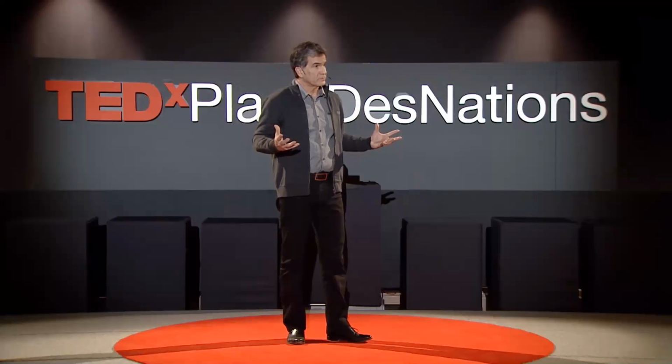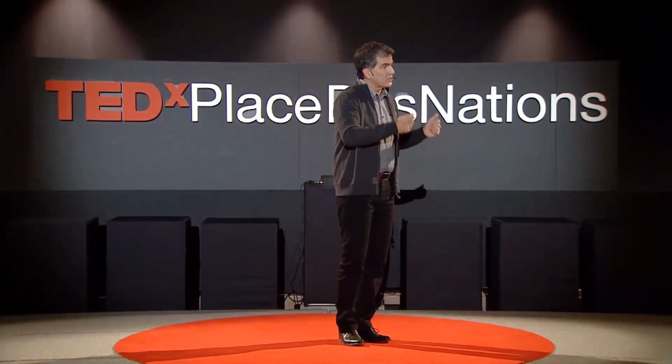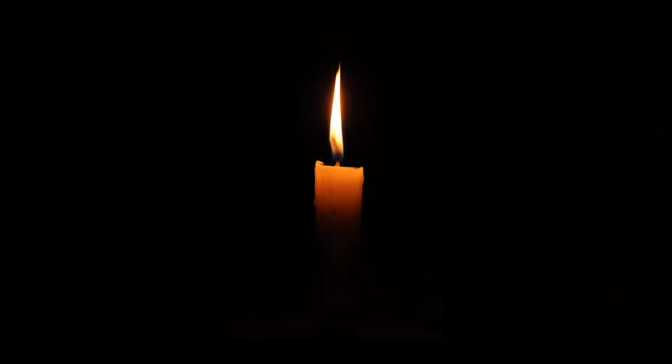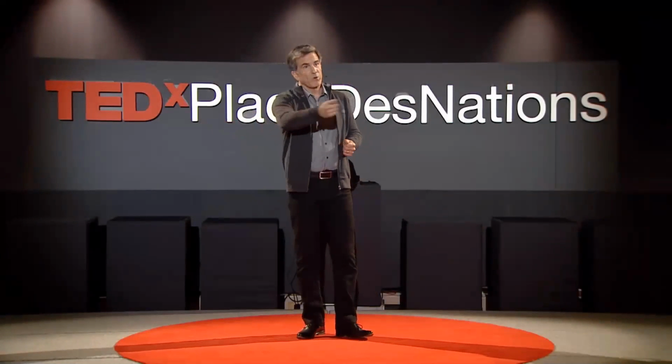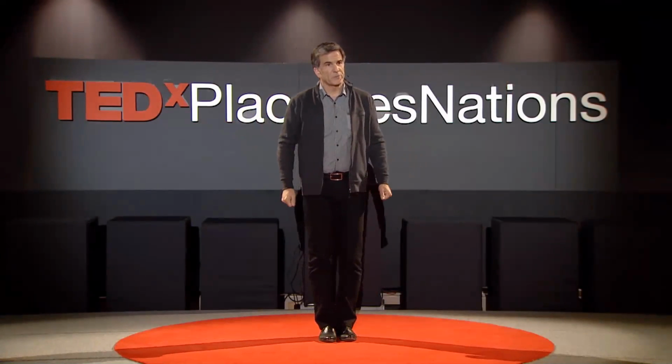We will be able to improve the system's efficiency. We will be able to reduce the carbon intensity of the system, and we'll be able to improve its accessibility globally. When I think of the progress that has been made since a child in Alabama studied by candlelight, I am convinced that this can be done, but we've got to get out of our seats and make it happen. Thank you very much.